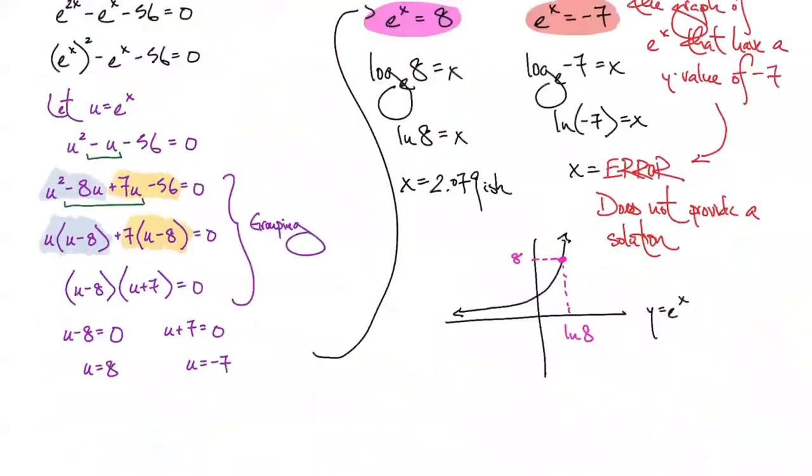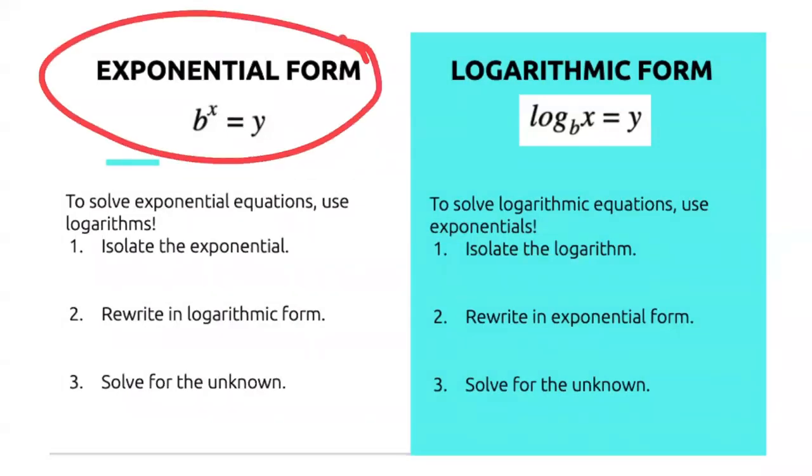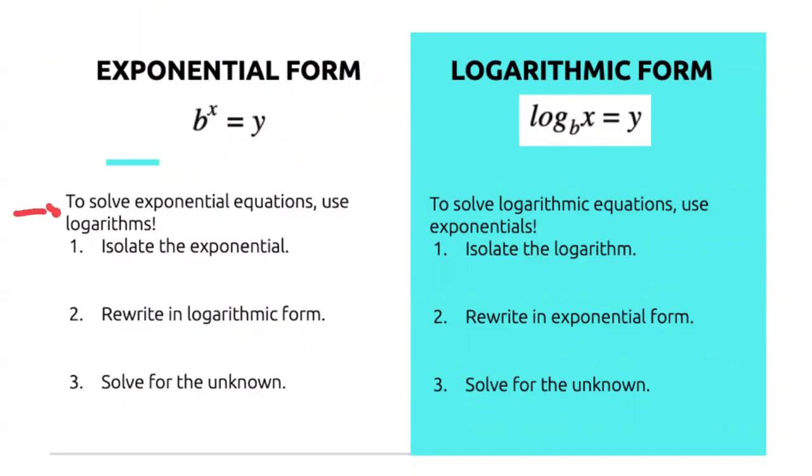All right, so there is a little summary here for us. I know we've written this out before, but if you're looking for a summary, here's a process that I can use, knowing that you're going to have to make decisions along the way, but it gives you a general process. If you want to solve exponential equations that look like this, the general idea is we're going to use logarithms.